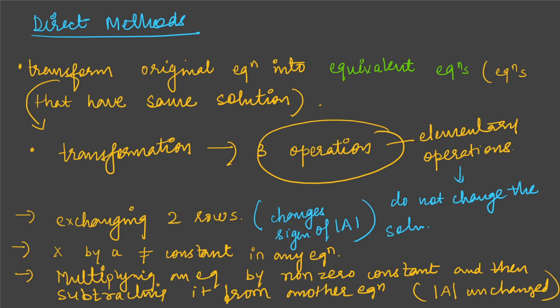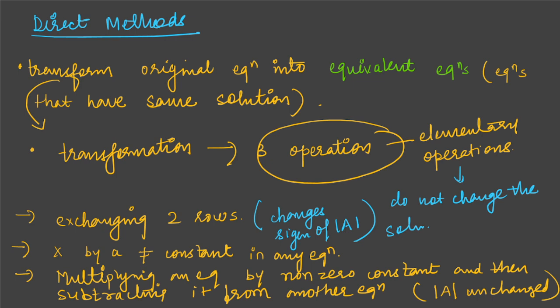In the first case, only the sign of the determinant changes to negative. In the second, the determinant is multiplied by that non-zero constant. In the third, the determinant remains unchanged. And that's how our solution remains unchanged even after converting the original equations to the equivalent equations.